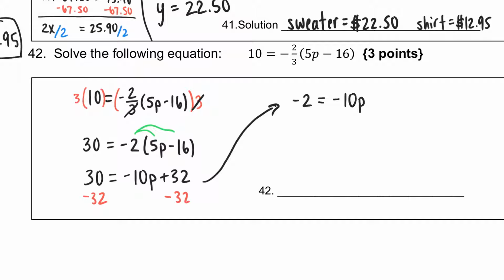So then if we're solving for p, you would divide by -10. Make sure you divide here, because it's -10 times p, so to undo the multiplication you have to divide. All right, so p is negative 2 over negative 10, which just reduces to 1/5. So p is 1/5.